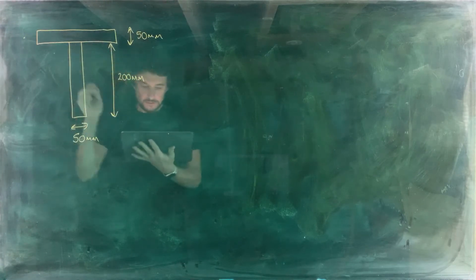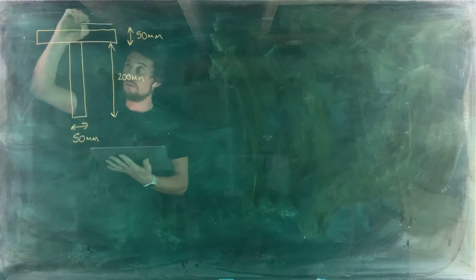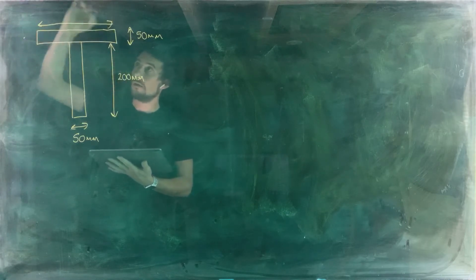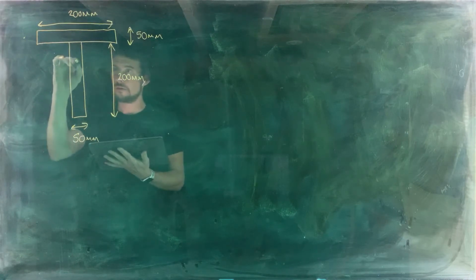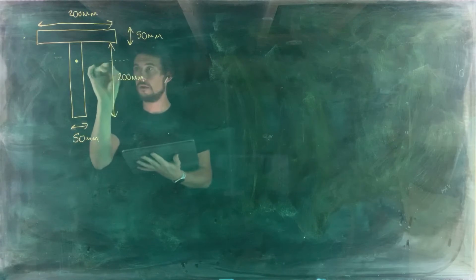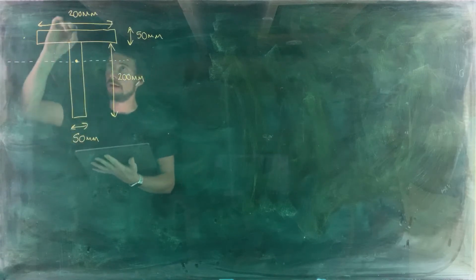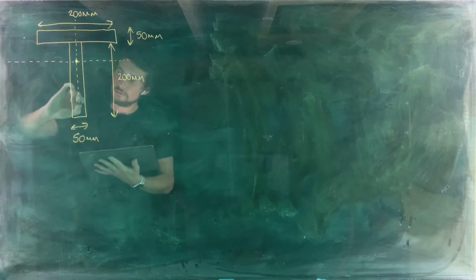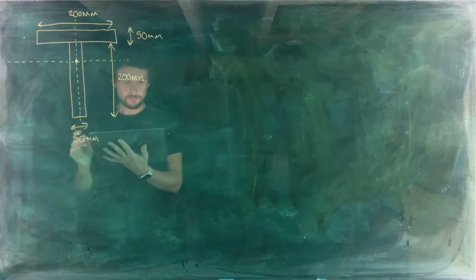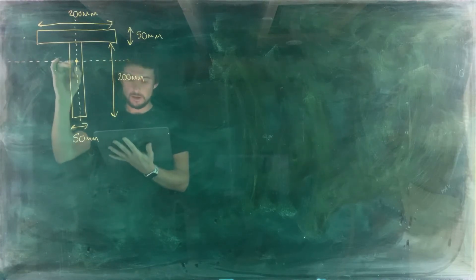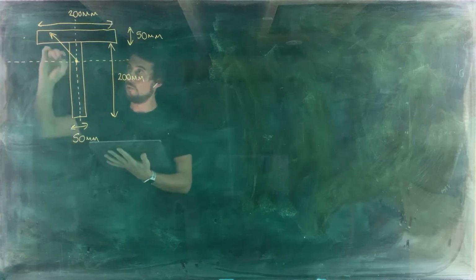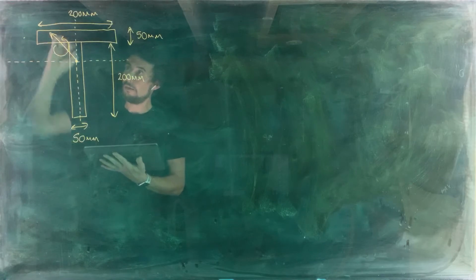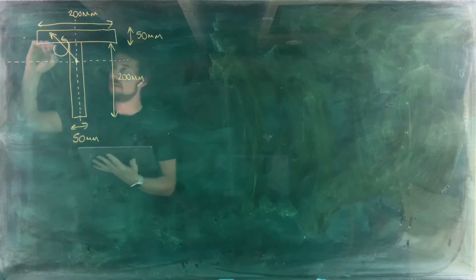All right, so that's 200. This is 200 too, actually, along the top here. Okay, and what have we got? We've got a centroid there, horizontal centroidal axis, vertical centroidal axis, and we've got an off-axis moment where the moment is going around in this direction.